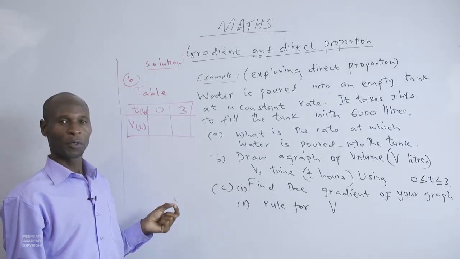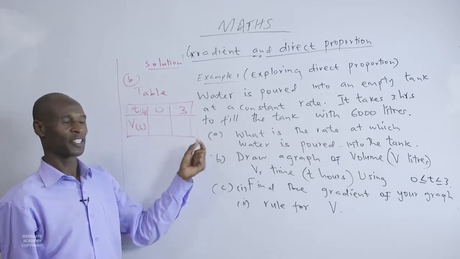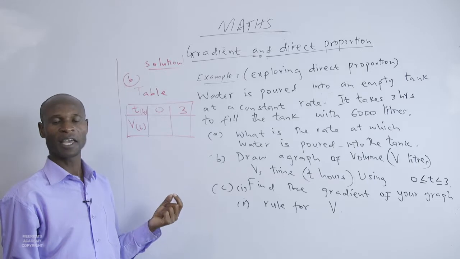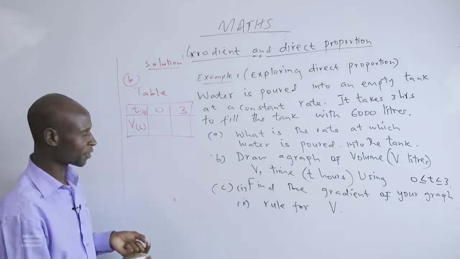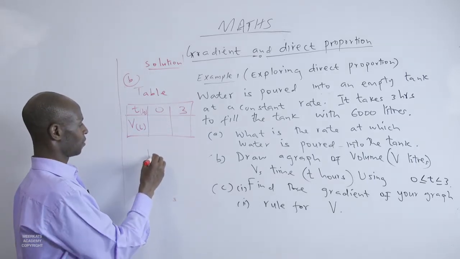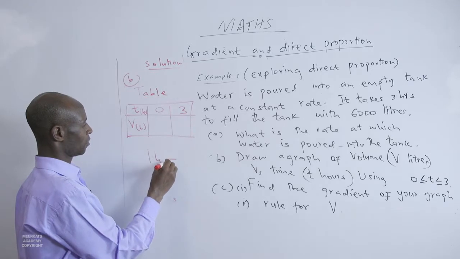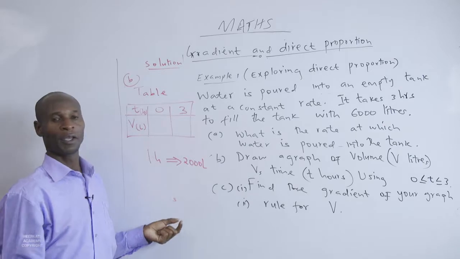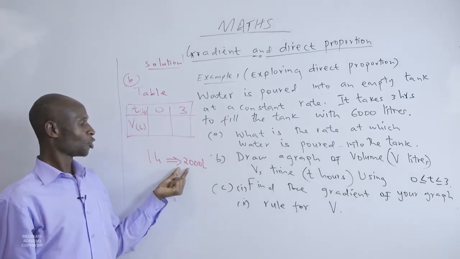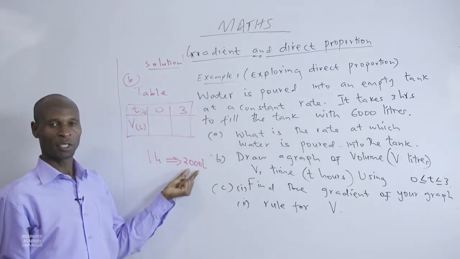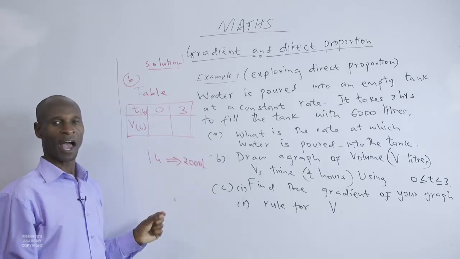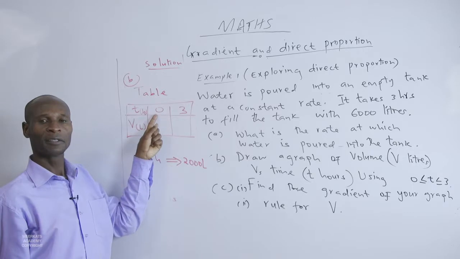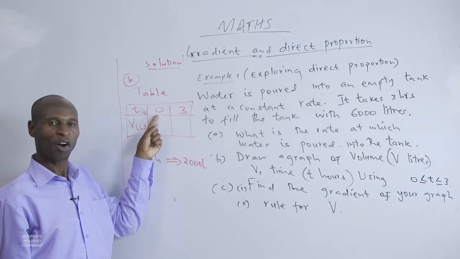So what we do, we go back to our rate in part A. The rate at which water is pouring inside that tank is given as: in 1 hour, 2,000 liters of water are poured inside the tank. So we need to calculate what happens when the hours were 0 hours.